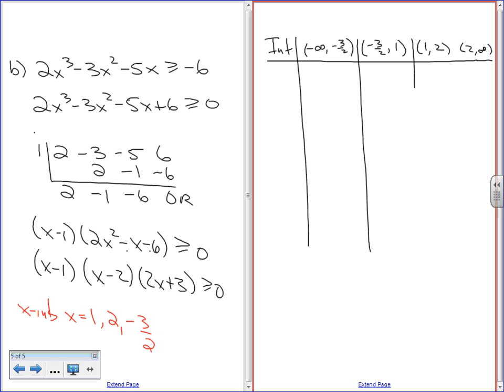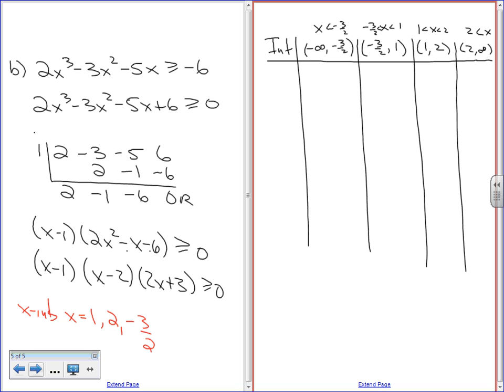And again, if you don't like the bracket notation, you can always write it this way. Feel free, whichever way you feel comfortable with doing it. Okay, so whichever way you want to write it.